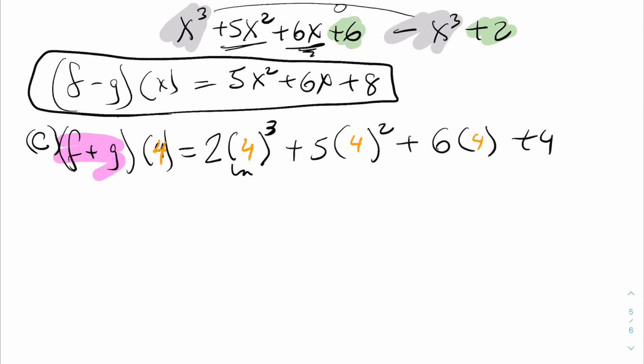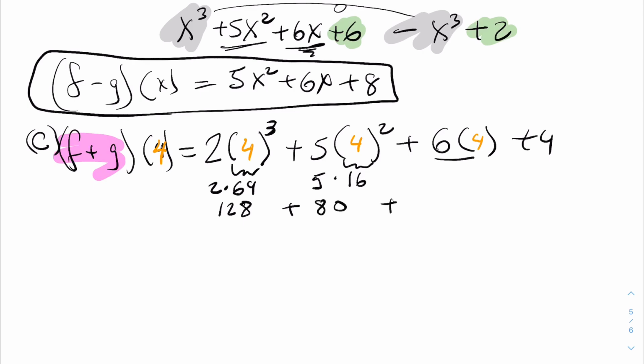So 4 to the third power is 4 times 4 times 4, which is 64. And then 64 times 2 is 128. And 4 to the second power is 4 times 4 is 16. And 16 times 5 is 80, right? That'd be, yeah, 50 plus 30 is 80.